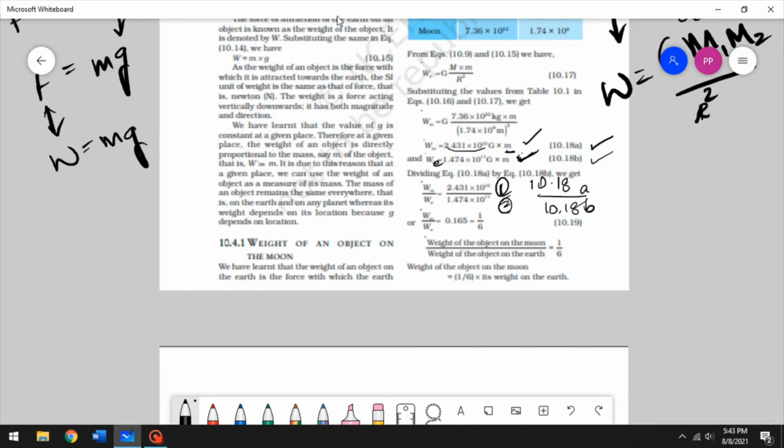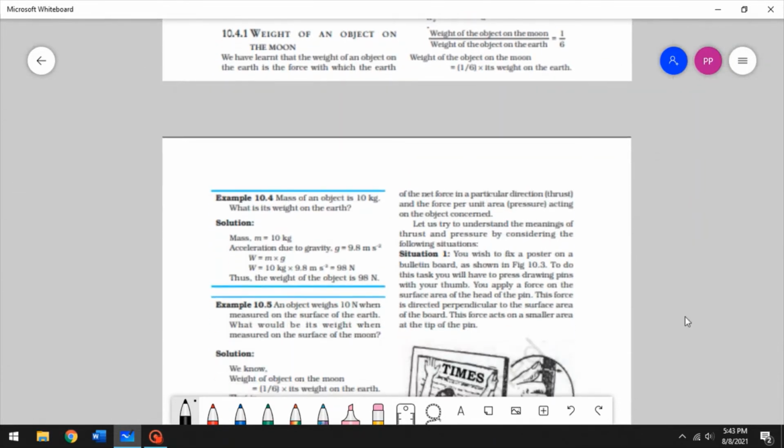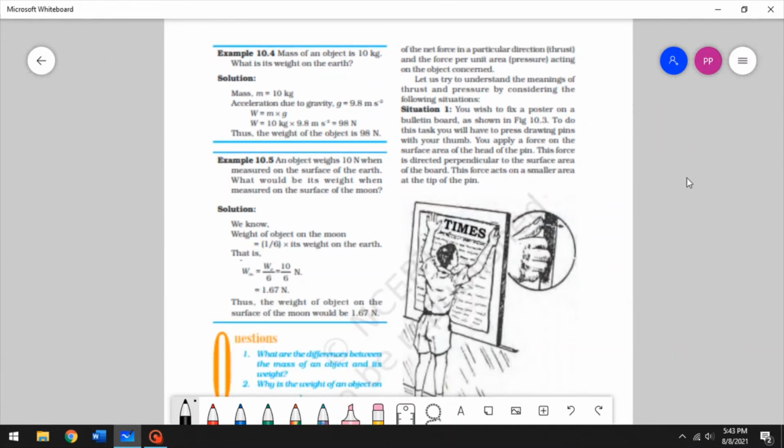So the weight of an object on the moon divided by the weight of an object on the earth would be 1/6. Alright, so the weight of the object on the moon is 1/6 of its weight on the earth. So if you weigh, let's say, 36 kilograms on the earth, you are going to weigh 6 kilograms on the moon.